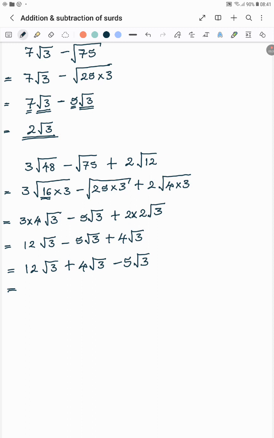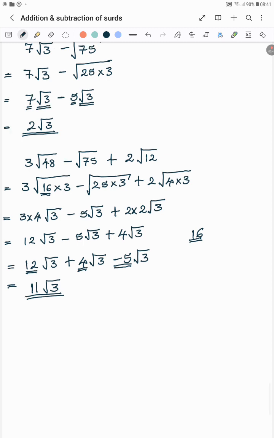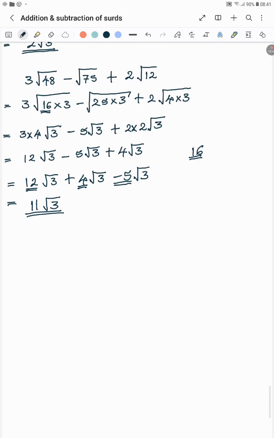And here we say 12 plus 4, we get 16, and then we say 16 minus 5, we get 11, and our answer is going to be 11 root 3. Okay, so these are the 3 examples I had for you in this lesson.